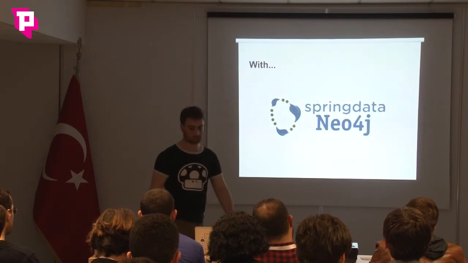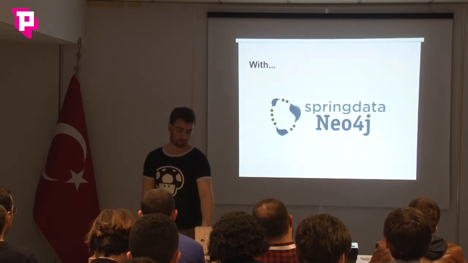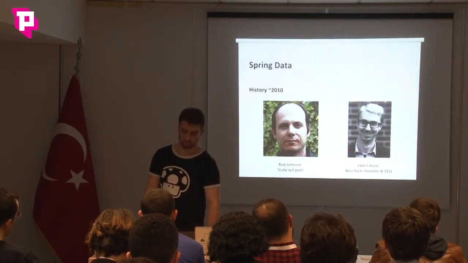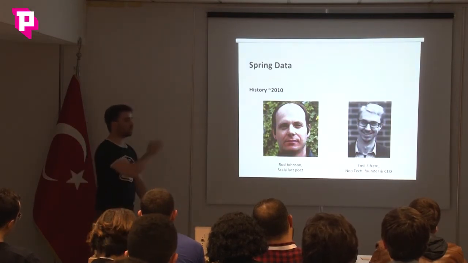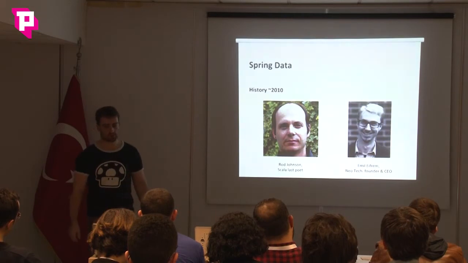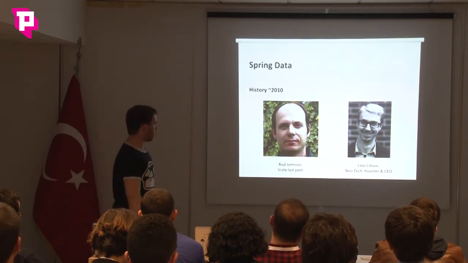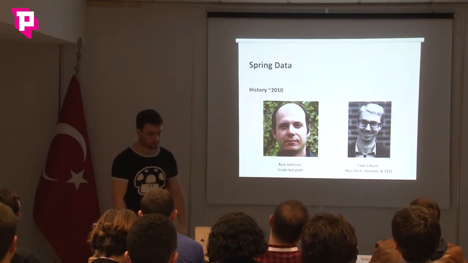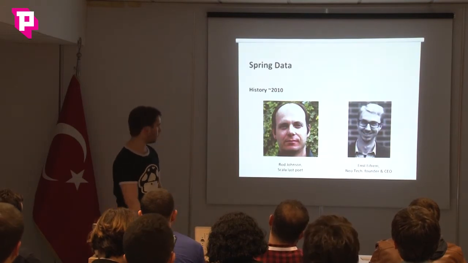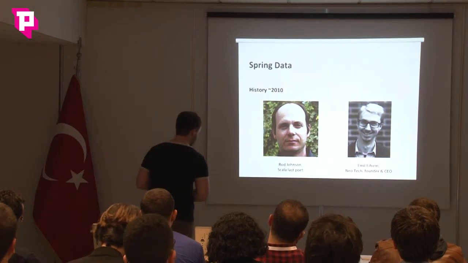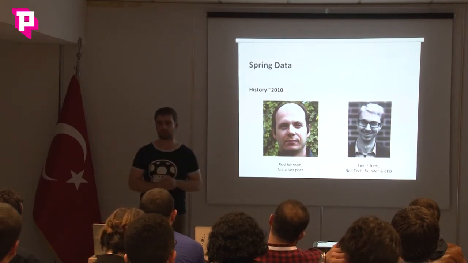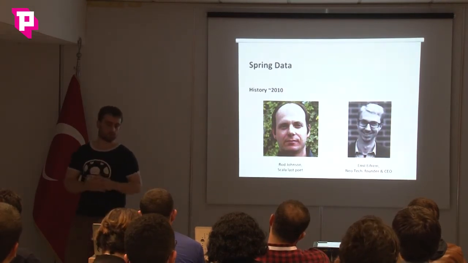Spring Data Neo4j. So that's applicable only to Java, so I'm going to go fast so as not to bore so many people. We have Rod Johnson, who is one of the founders and creators of Spring. Now he's working with some Scala stuff, and Emil Eifrem is a big boss of Neo4j. In 2010 they met at either a JavaOne or a SpringOne conference, and they just fell in love with each other.